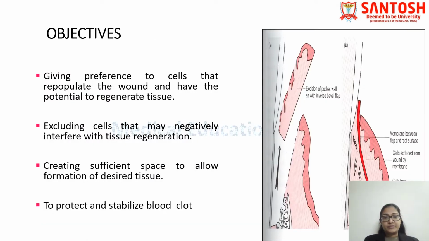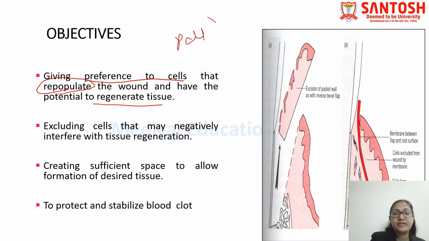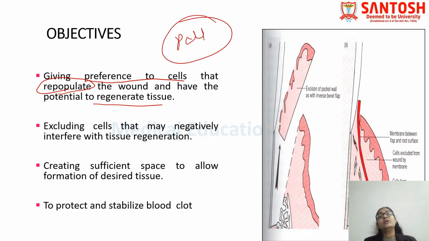Okay, so what are the objectives of GTR? Why do we do this GTR? We do this in order to give preference to cells that repopulate the wound and have potential to regenerate the tissue. In our previous slides, we already saw that the PDL is the compartment that holds the key to regeneration.